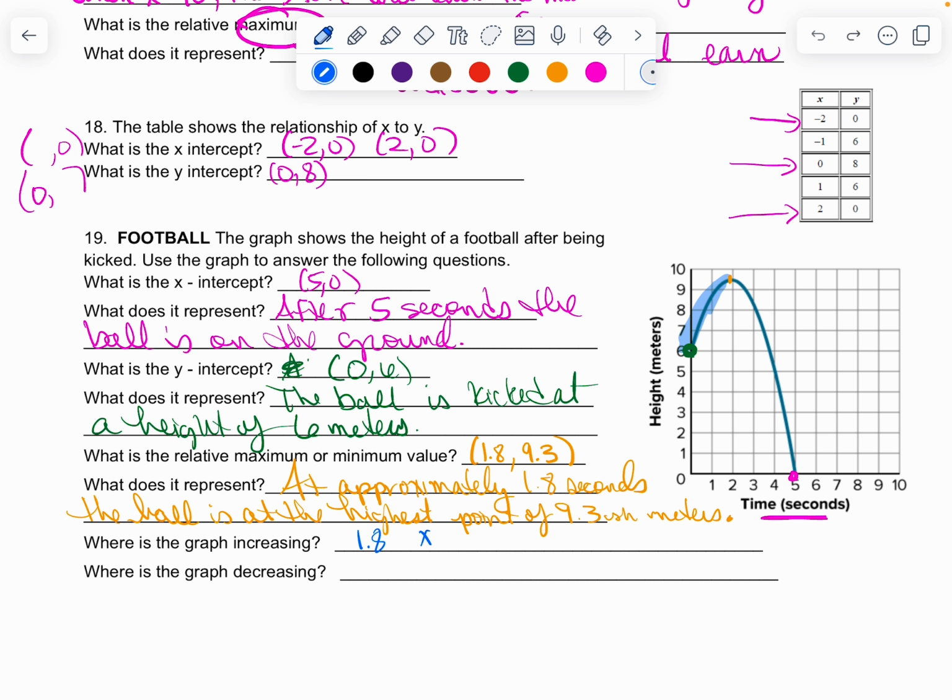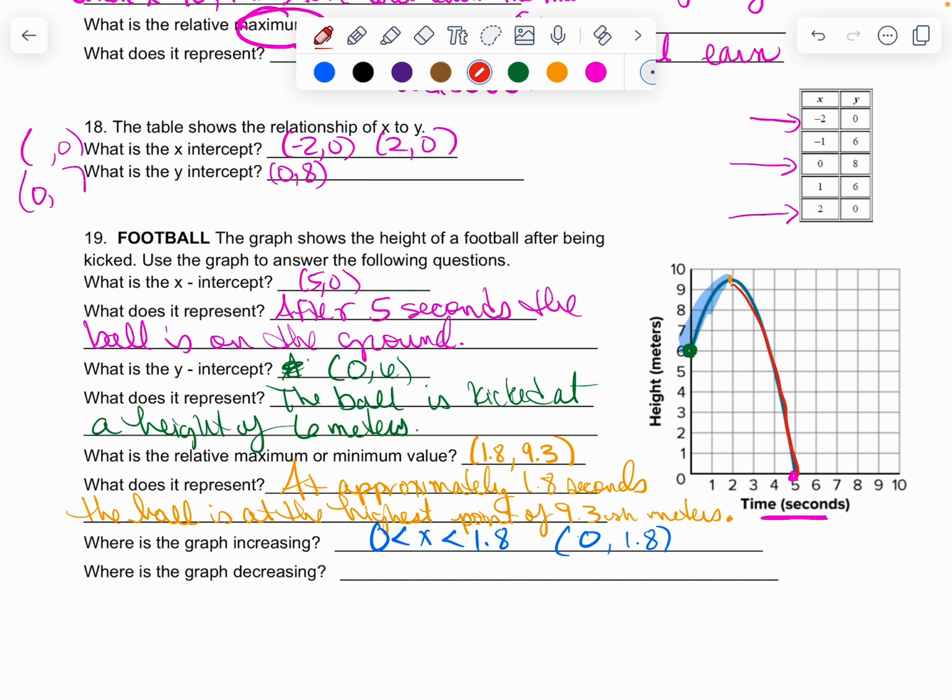Really? Kimberly, you would think that I taught math. It's from 0 to 1.8. You would think that I knew what I was doing. I'm going to do here.